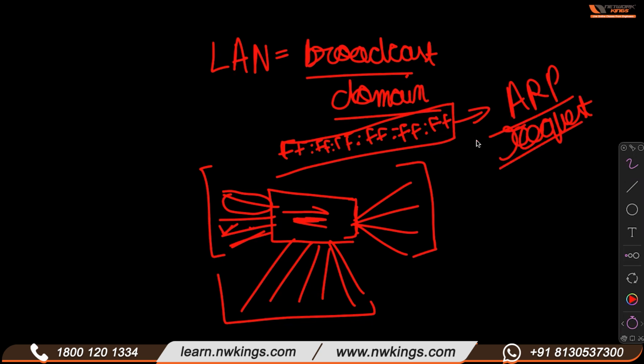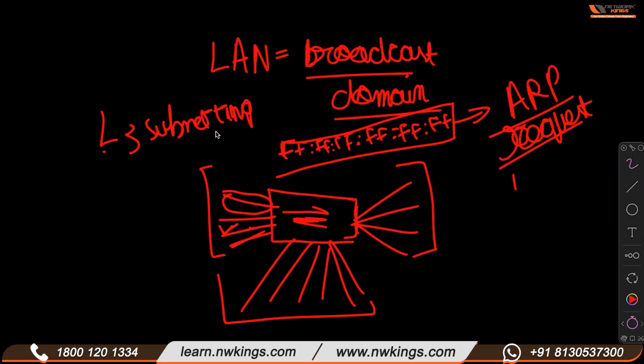Now, what do you do in this case? Because it's a single broadcast domain. So what we have enforced is what is known as layer 3 bifurcation, and it's known as subnetting. Because the layers work in coherence with each other, whatever is done on layer 3 has to be supported by layer 2 as well.